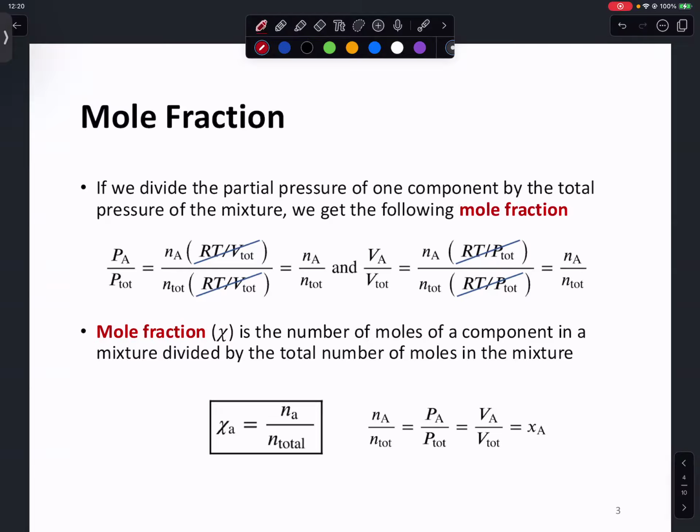If we can utilize the partial pressure, say the total pressure is the partial pressure of A plus the partial pressure of B plus the partial pressure of C, and I want to calculate the mole fraction of A, I can say that it is the partial pressure of gas A divided by the total pressure.